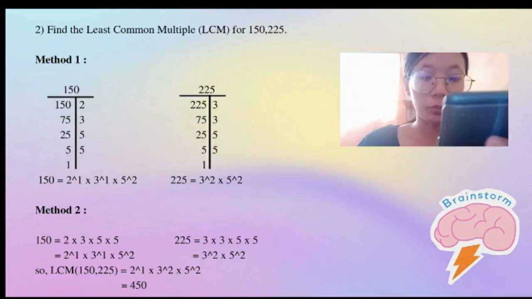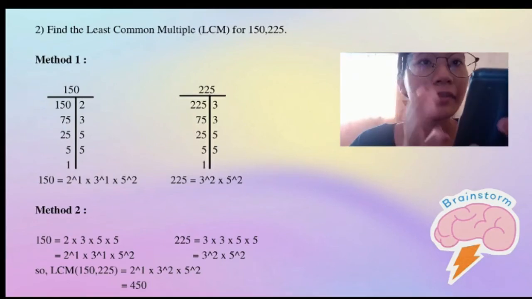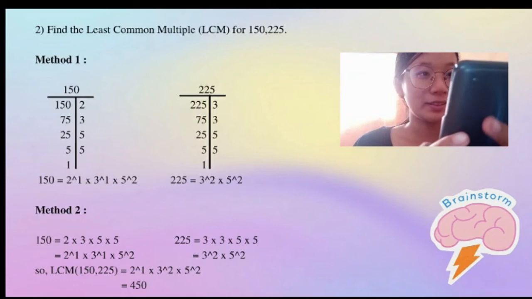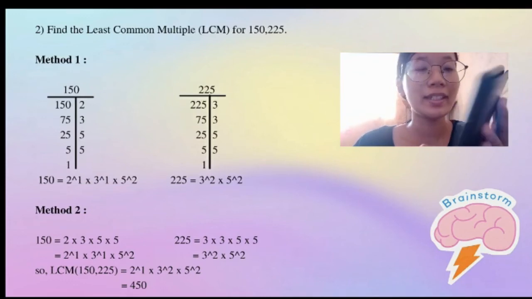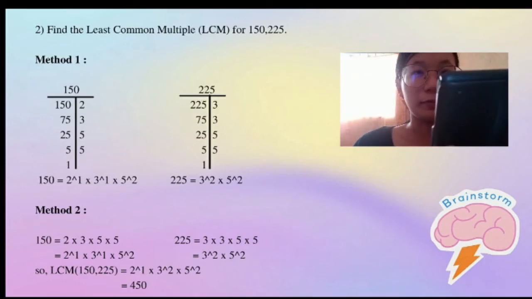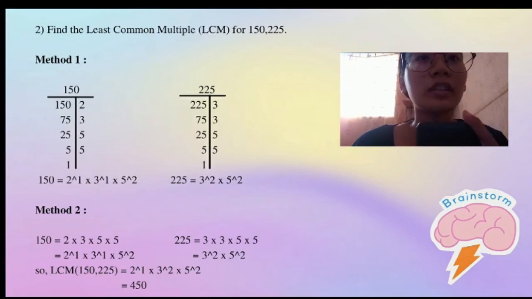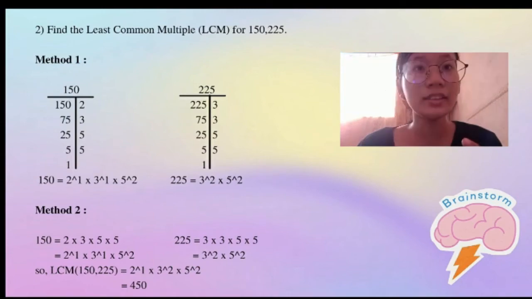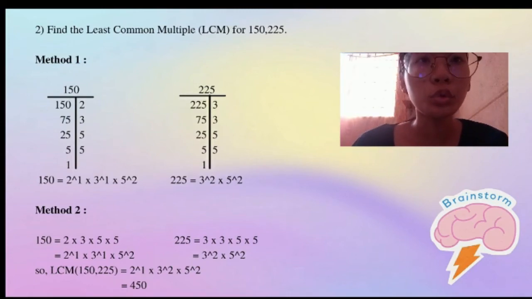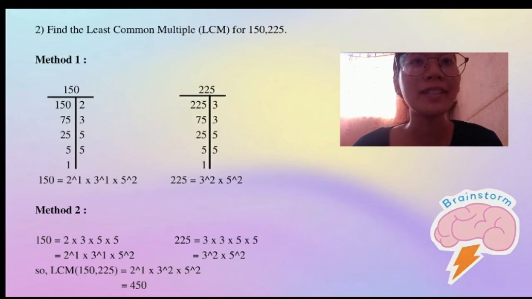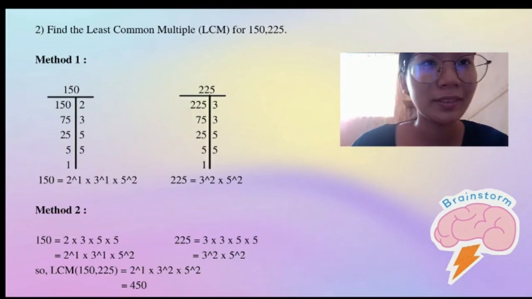So we write down 25 divided by 5, which the answer is 5, and 5 divided by 5, the answer is 1. So for 150, 150 equals 2 multiplied by 3 multiplied by 5 to the power 2, because there are two 5s in the division of 150.